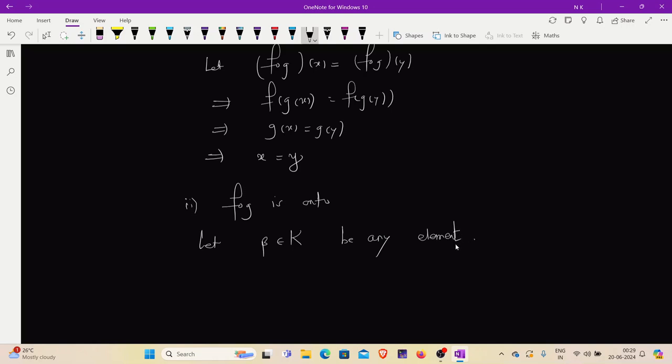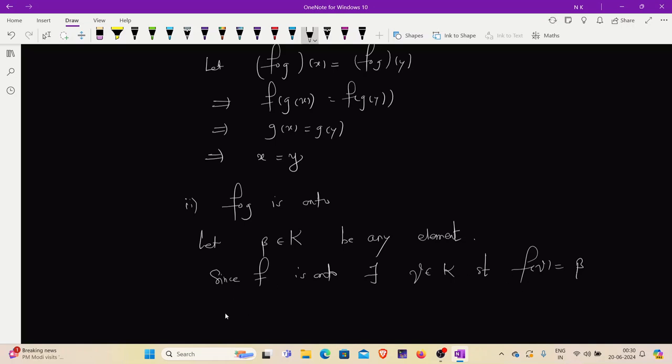Now, since I want to find its inverse image, already I know that f is onto. So there exists some element in K whose image is beta. So since f is onto, there exists, say, gamma belongs to K such that f of gamma is equal to beta. And now since gamma belongs to K and g is onto, there exists some alpha whose image is gamma.